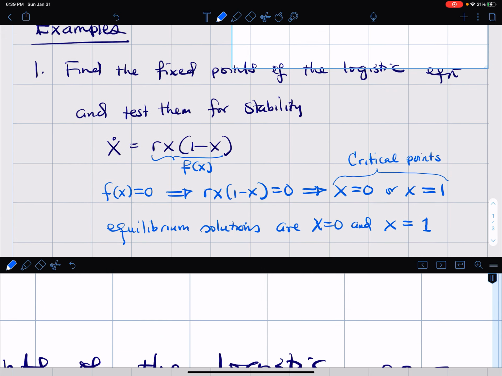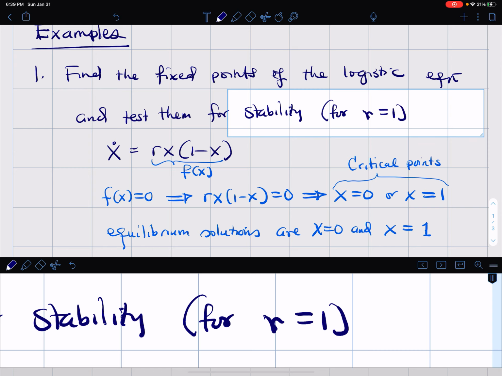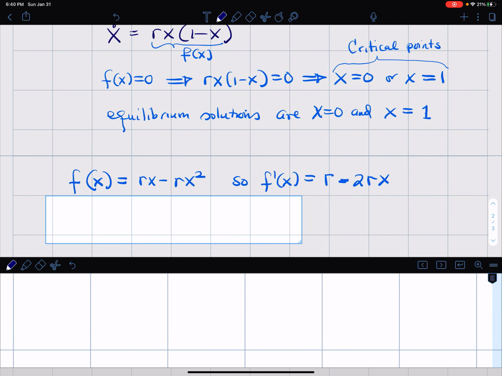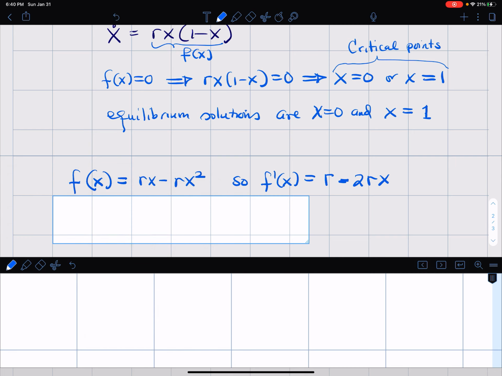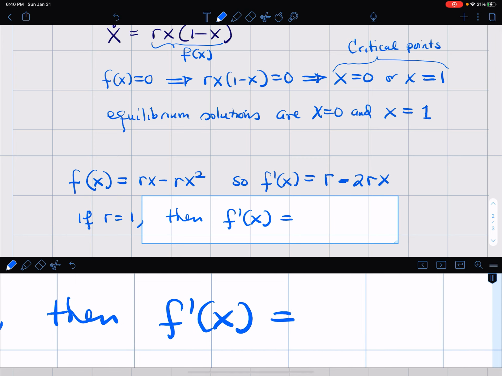Okay, so let's make our problem a little bit easier. Let's make r = 1. If r = 1, then f prime of x = 1 - 2x.